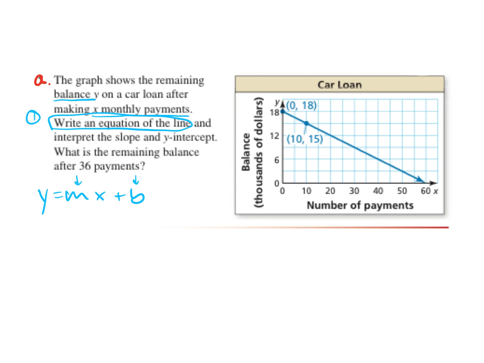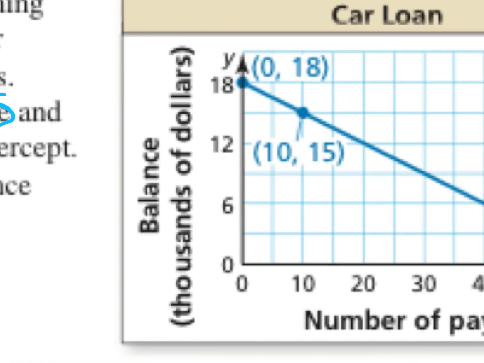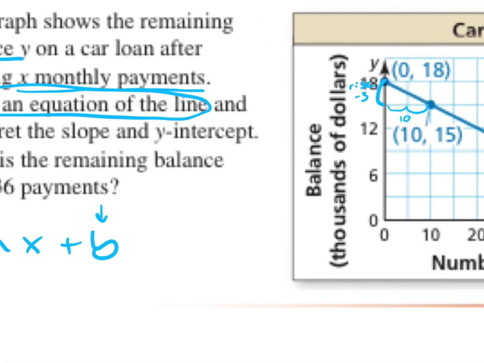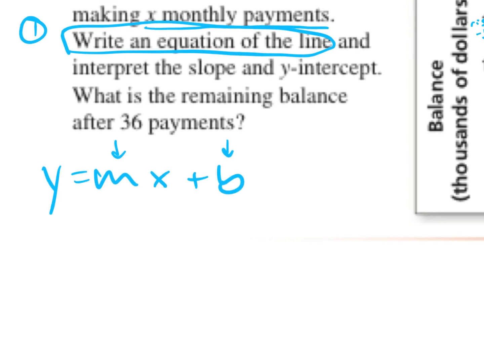How could I find the slope here? Rise over run, so we can count. I'm going down 3. So -3 would be our rise. And then our run, we go to the right 10. So just be careful looking at the units on the graph. So here each tick mark is 3 on the y, but each one's 5 on the x.